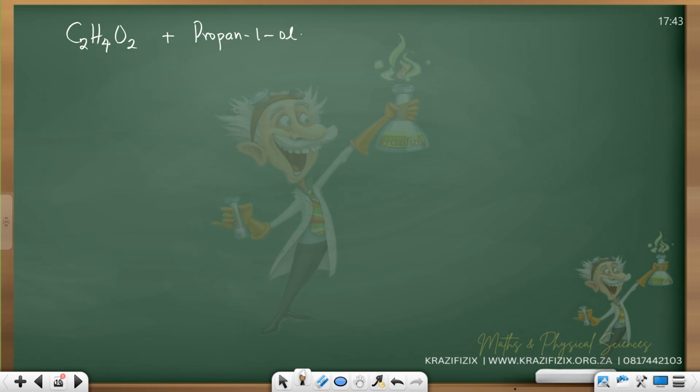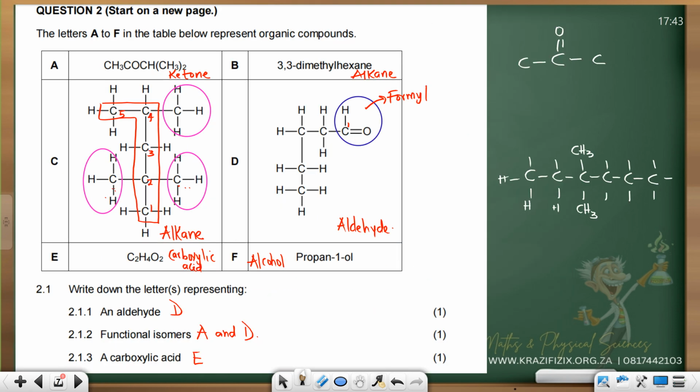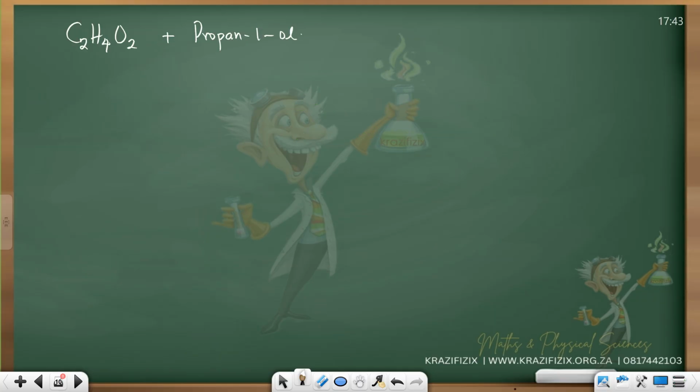I want you to draw the structure of the carboxylic acid, structure of the alcohol, structure of the ester, like the entire reaction. It's 5 marks when you see such a thing. And I think they tested the Gauteng learners on that this June. Yeah, you were tested on something like that, if I remember.